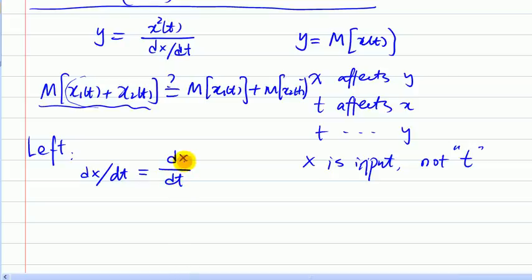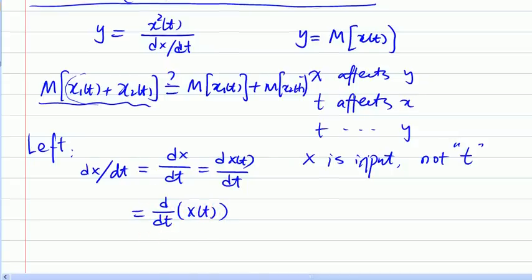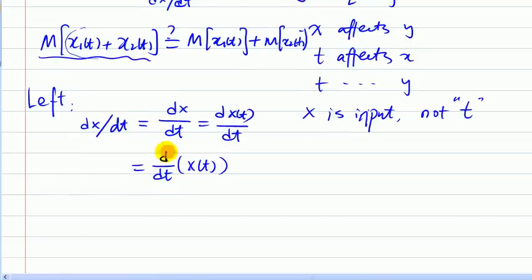Now you may not see x, but it's equivalent to writing x as a function of t, that's why you can take the derivative with respect to the time t. This is also equivalent if you take this differential operator with the bracket inside, which is probably easier to look at. This is an operator here, so we don't touch this one.